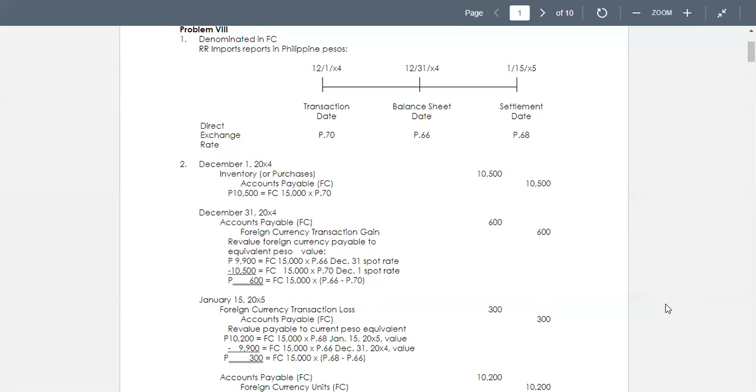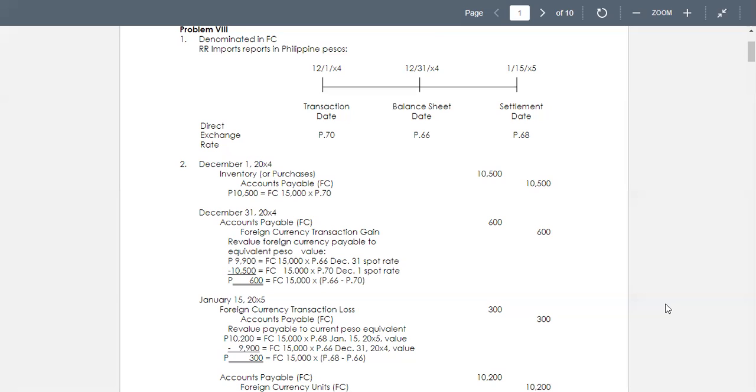And we have as of December 31 only 0.66. So again, we have a decline in the value of the peso equal to 0.02. So multiplied by 15,000, that gives 300. So we now debit the loss account and credit accounts payable.